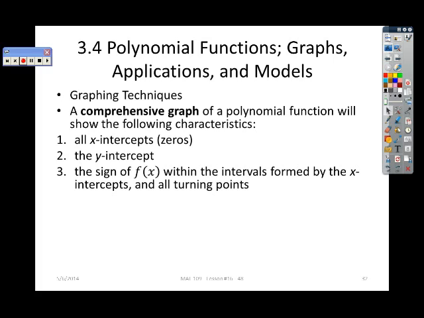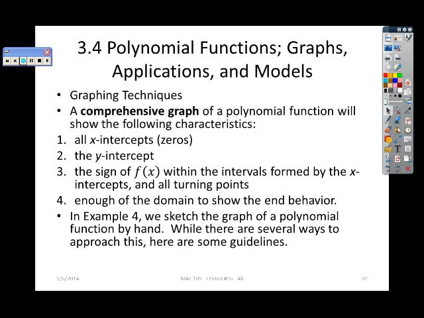If you're going to do this and you're plotting it, you need to know what happens in between the points where it crosses the x-axis. Is it above or is it below? You need to know how the ends behave. You can tell that from the end behavior.